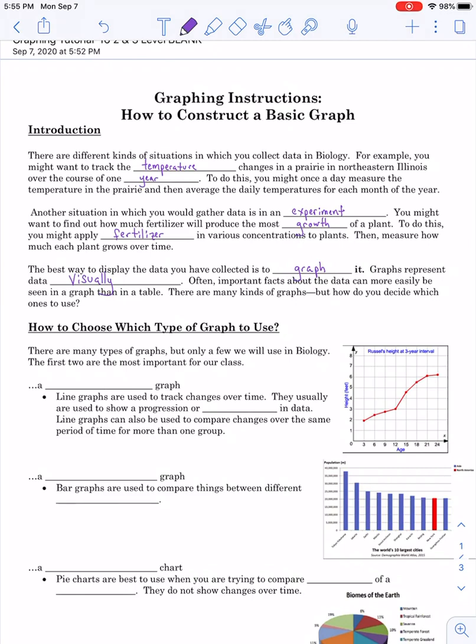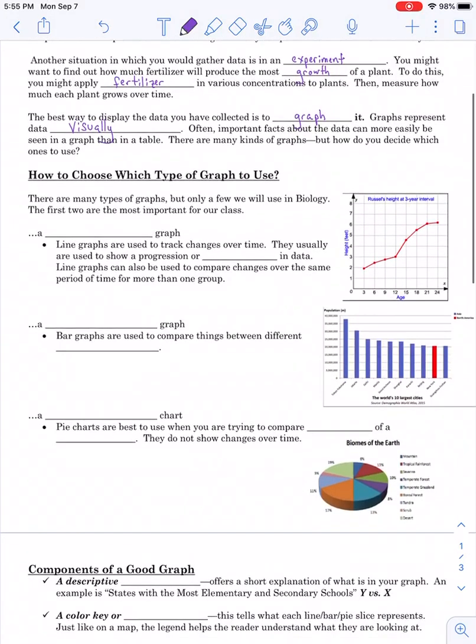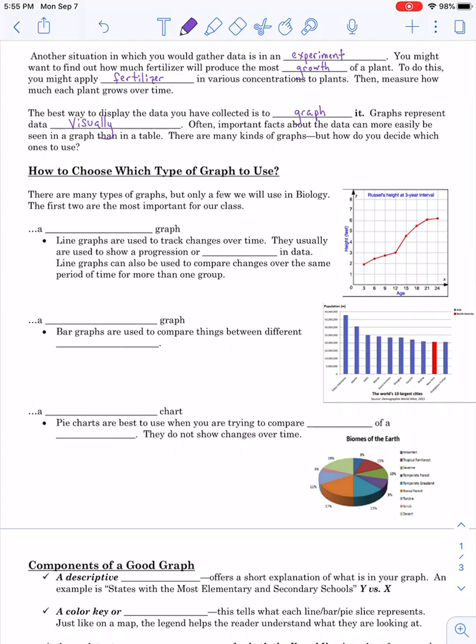There are many different kinds of graphs, but typically you would see one of the 3 following graphs in science class. The first is a line graph. The second is a bar graph. And the third is a pie chart.